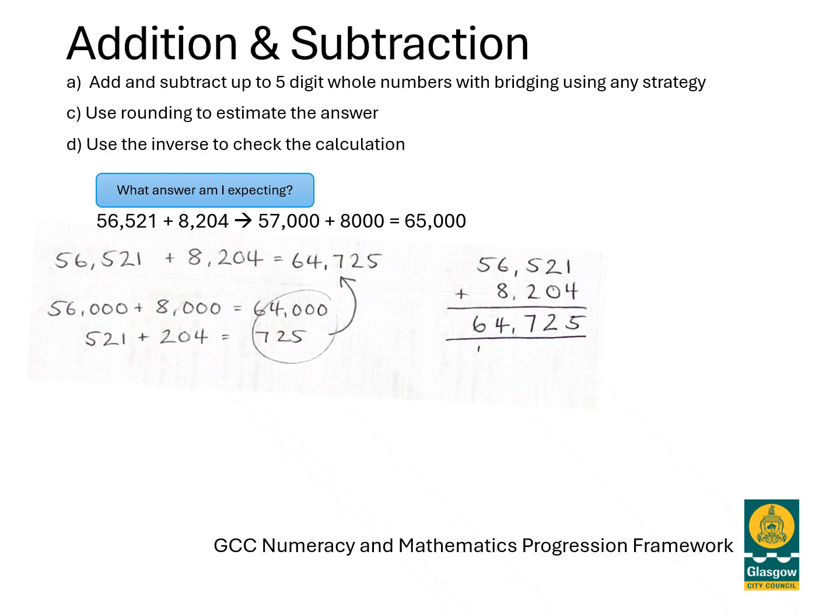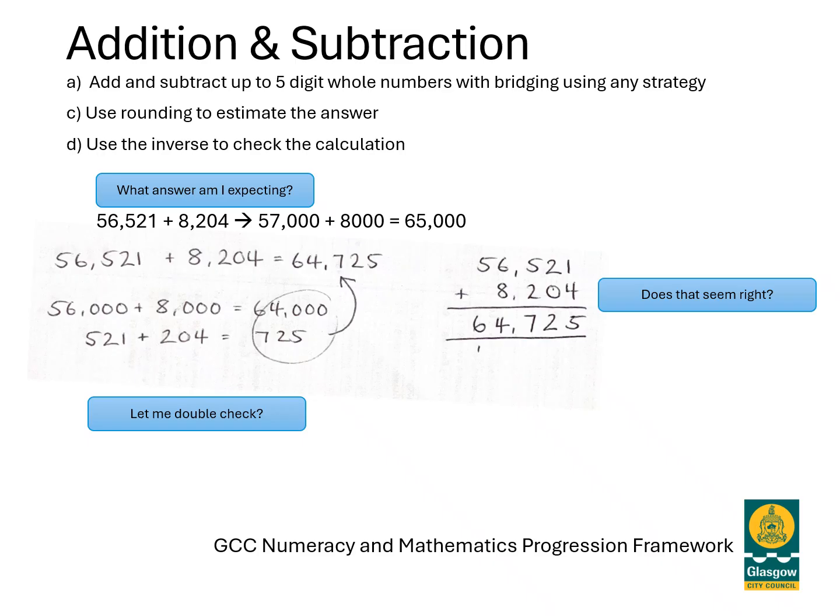efficient column algorithm. So at this point then, they would be asking themselves, does that seem right? And looking back at that estimate they made, 64,725, if I rounded that, it would be 65,000. So that does seem right to me. And then let me double check.